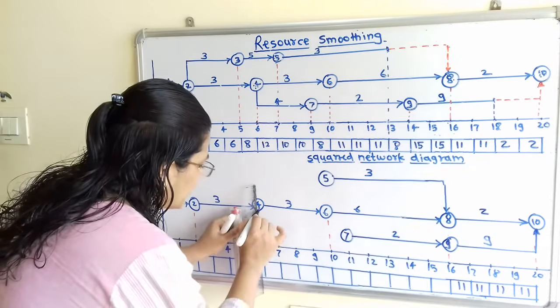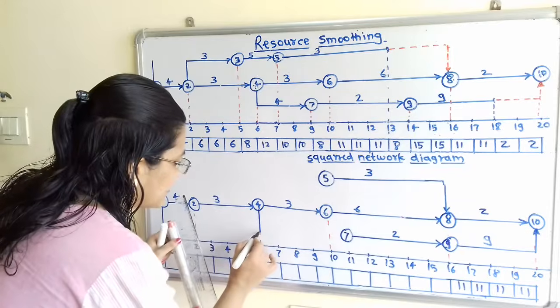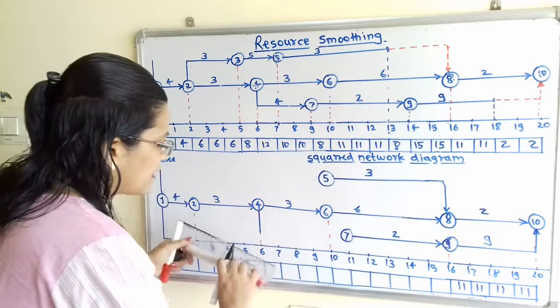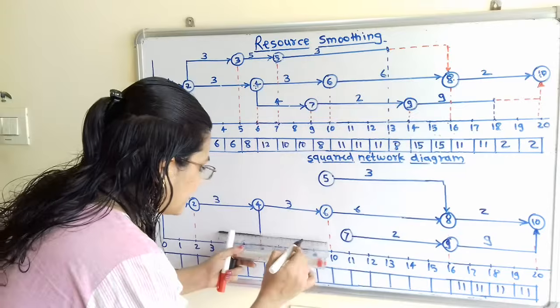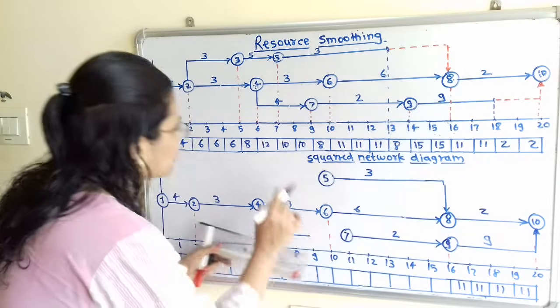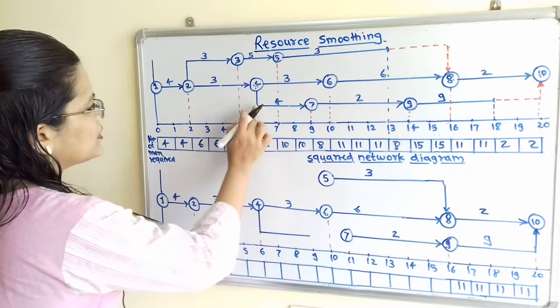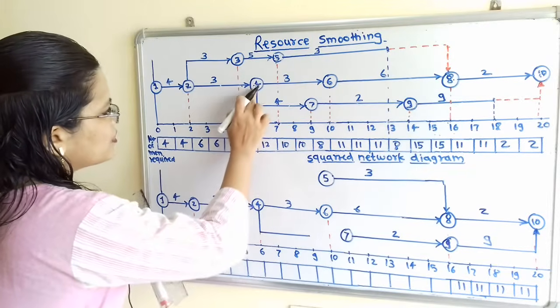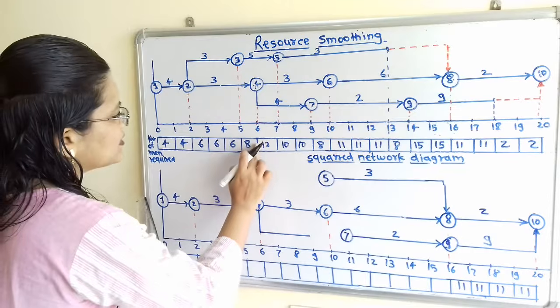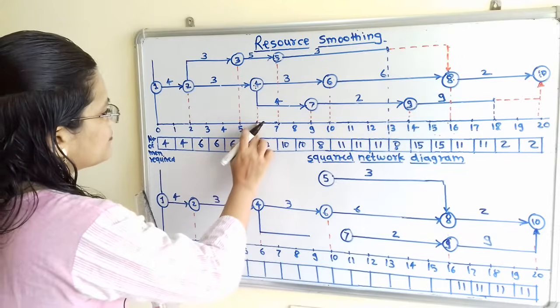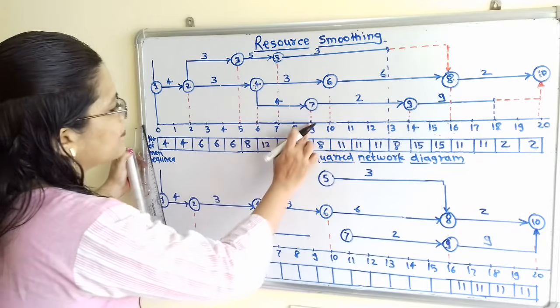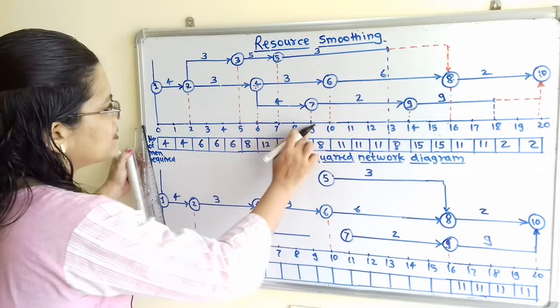So if I start this activity at the 6th week, then it is getting completed at the 9th week, because the duration for this 4 to 7 is that it is getting started at the 6th week and getting completed at the 9th week, that is 3 weeks.